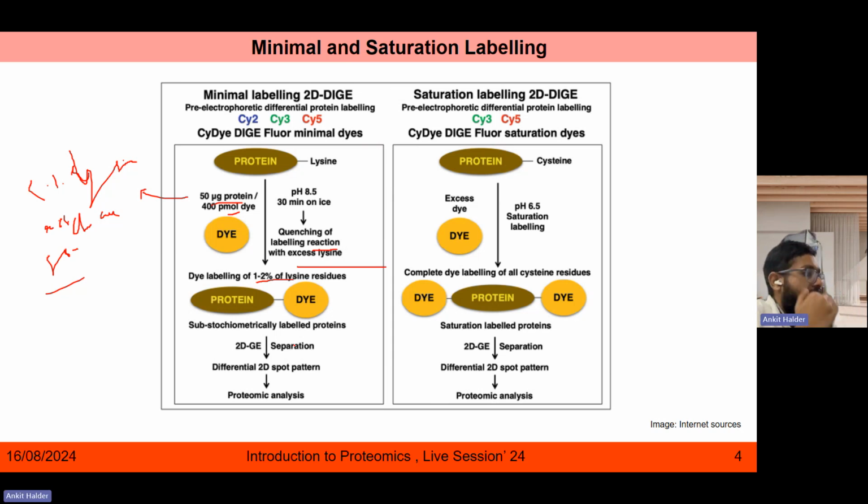Now, another labeling, that is the saturation labeling. You can see that this is used for labeling the cysteine residues generally, not the lysine ones, as is the case for minimal labeling. And in saturation labeling, there is no cutoff or threshold that we need to balance, so we can go for excess dye.